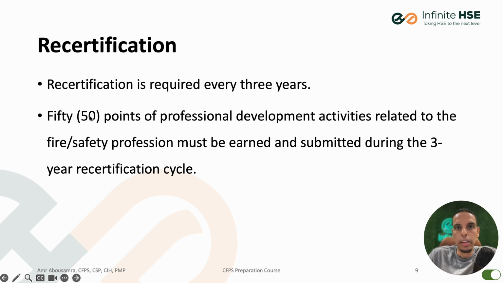As we agreed, this is a certification that requires you to renew it or keep it updated by attending webinars. If you prove that you are still working in the fire protection field, there is 1 point for each month you work in the fire protection field. So you have to fulfill these 50 points of professional development to achieve the recertification or renewal.